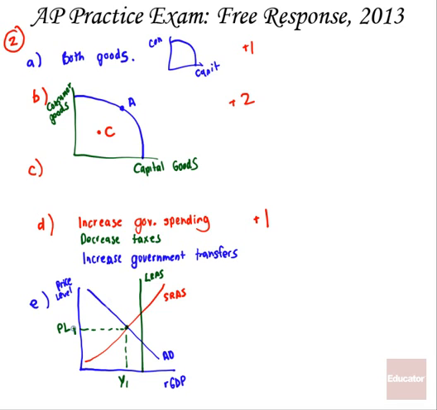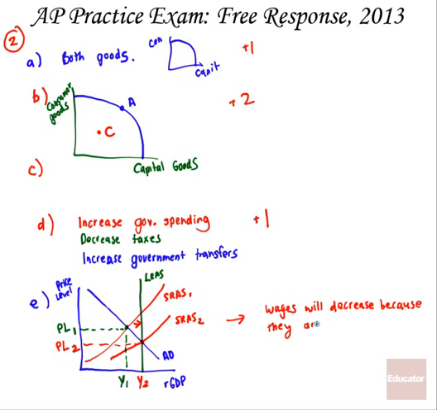Okay, so let's assume no action is taken. Remember, this is the do nothing approach. Then the SRAS is going to shift to the right. So you're going to have SRAS2, and you're going to have Y2, and you're going to have PL2. So what's going to happen as a result? The SRAS is going to increase, and the reason why is that wages will decrease because they are flexible in the long run.